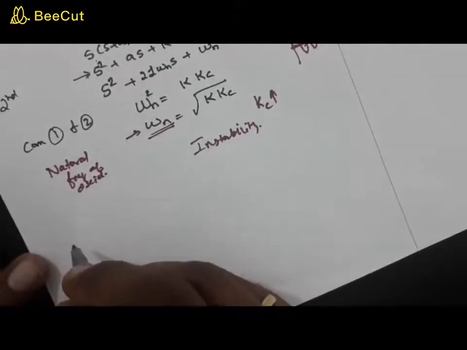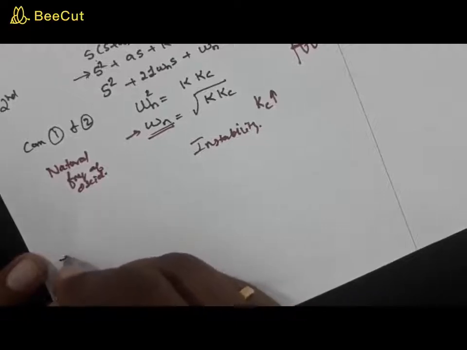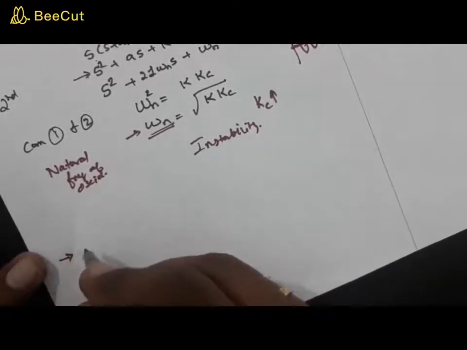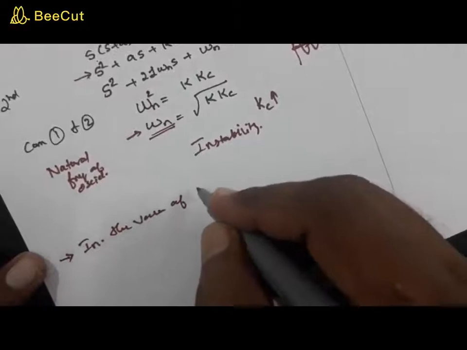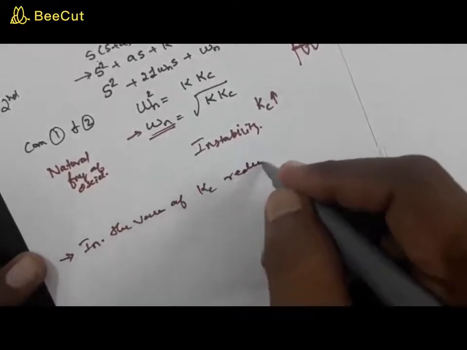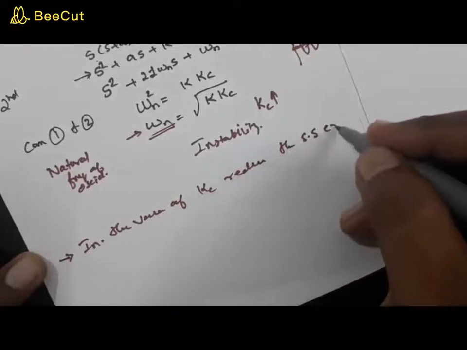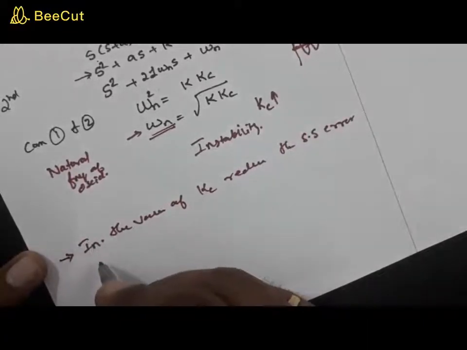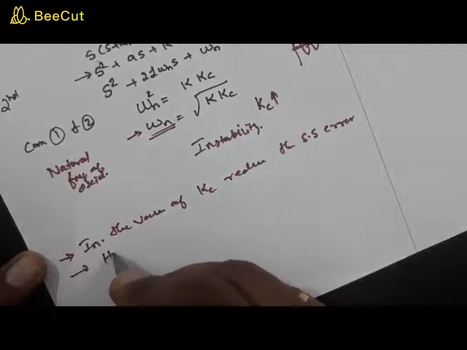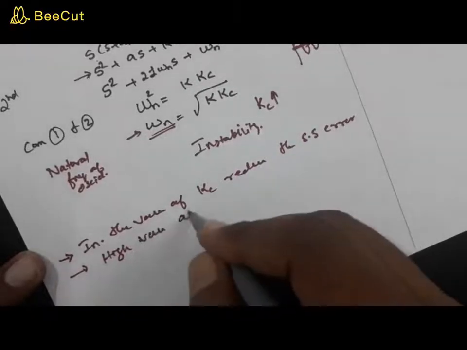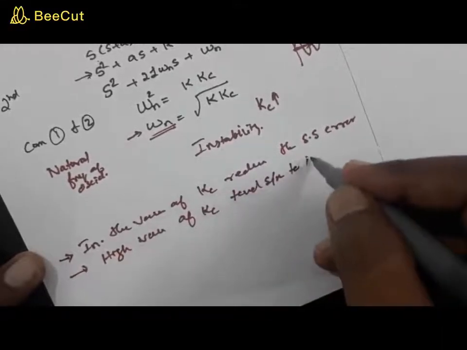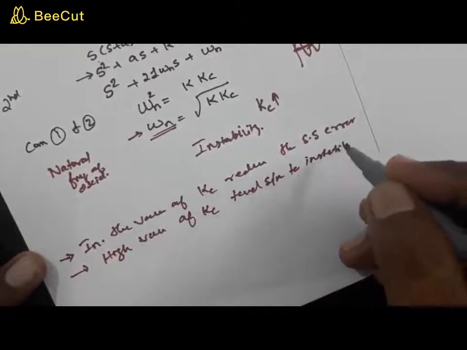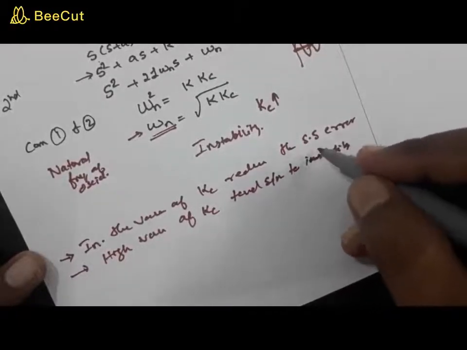Okay, now let me list out the features or the effects of the proportional controller. Number one, increasing the value of Kc reduces the steady state error. That's the first point. The second point is that a high value of Kc tends the system to instability, or tends the system to be more oscillatory.